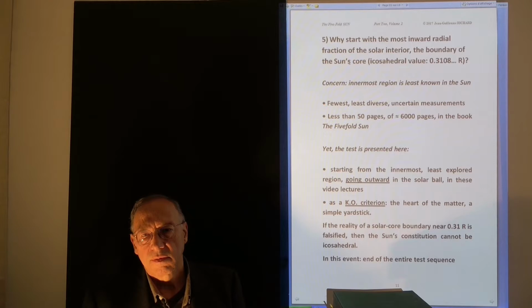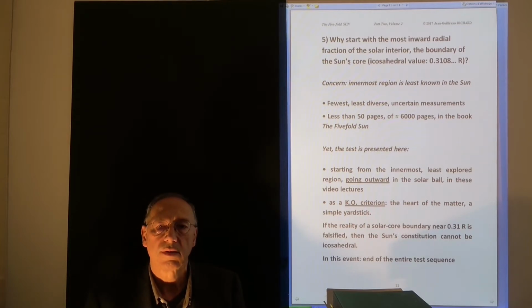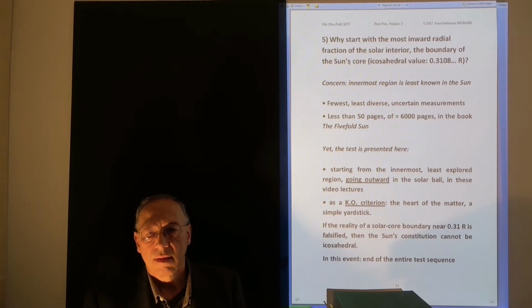It is a region for which there is the least diverse set of measurements. They are the most uncertain, and there are very few such measurements. In the Fivefold Sun project as a book, there are less than 50 pages out of about 6,000 that deal with this region.